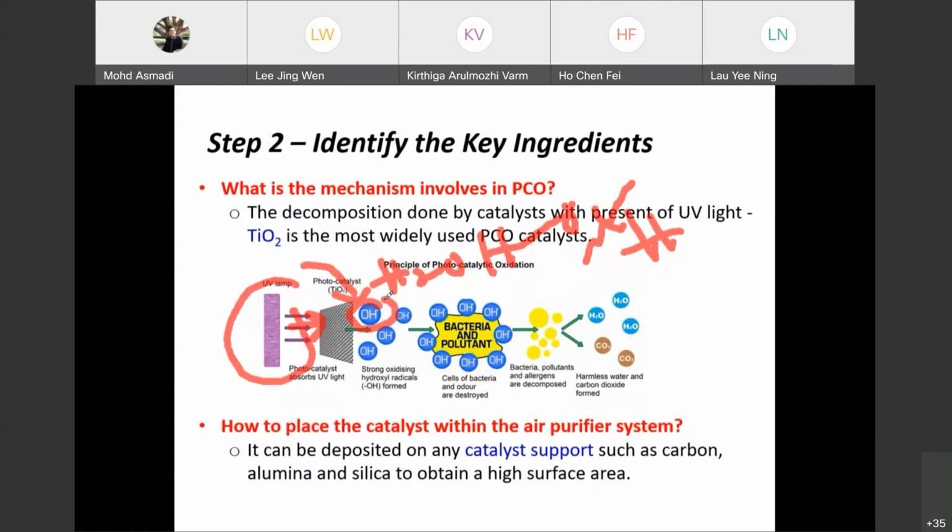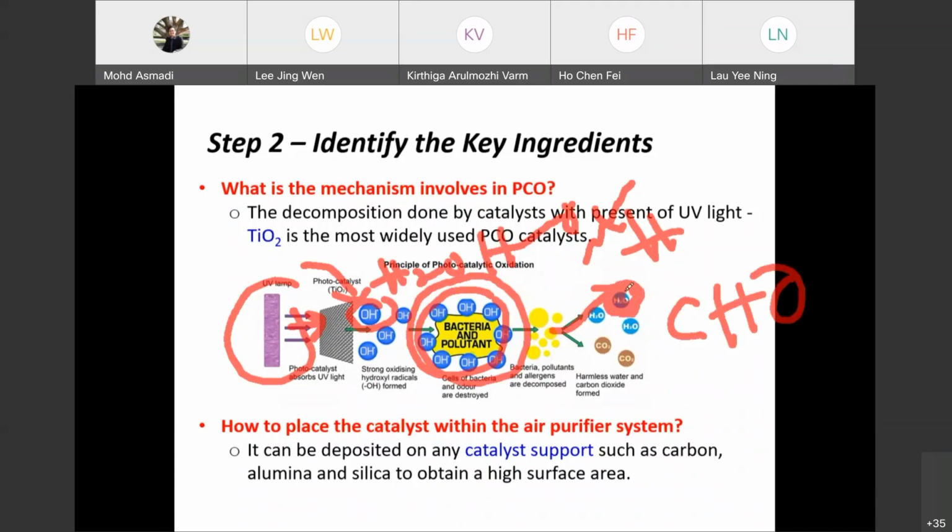And then these radicals will react with the VOC, and after reacting with the pollutants, we will release maybe water volatiles. Because VOCs are organics, C, H, O, that's why you can produce water vapor, and CO2.